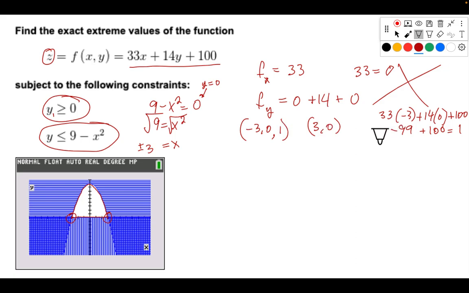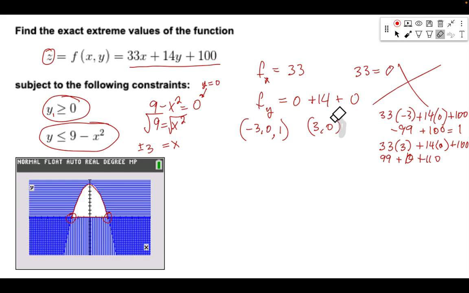If I plug in 3, 33 times 3 plus 14 times 0 plus 100, so then I get 99 plus 0 plus 100. So that's going to give me 199.